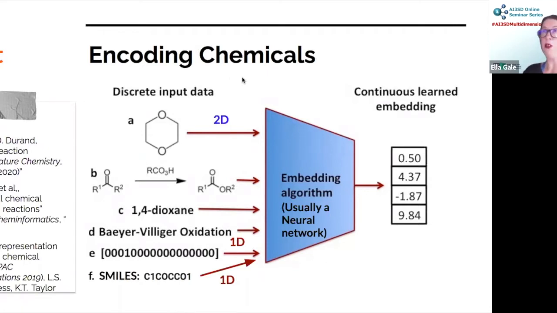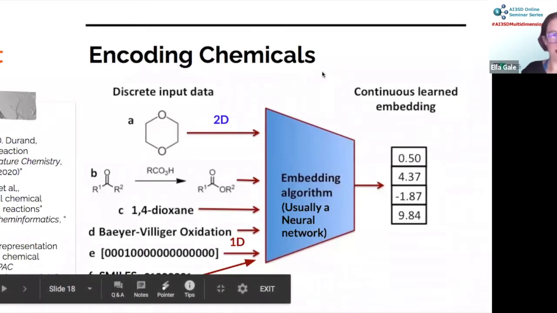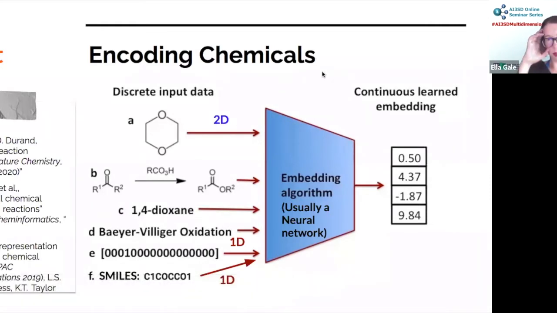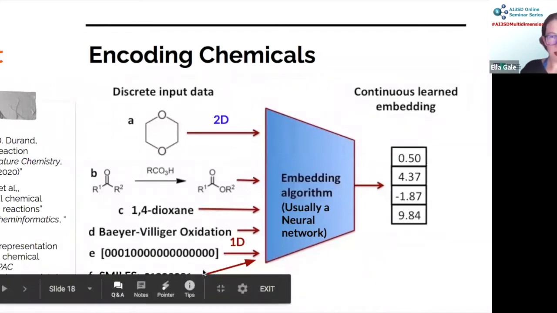And I also know that I think Professor Goodman's given a talk in this series, and he will go, I'm sure, into a lot of detail about this. So I won't go too much into it here. But I want to consider the problem in terms of the dimensionality we're using. So you can use something like a SMILES string, or this sort of string here, which is a one-dimensional vector as an input.